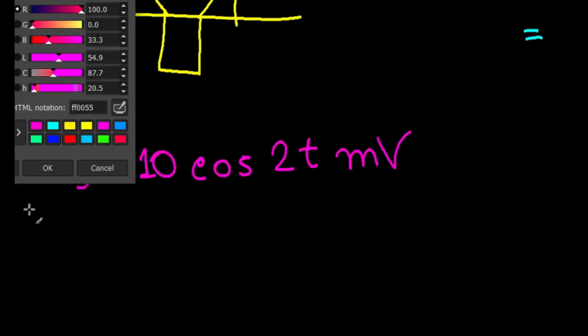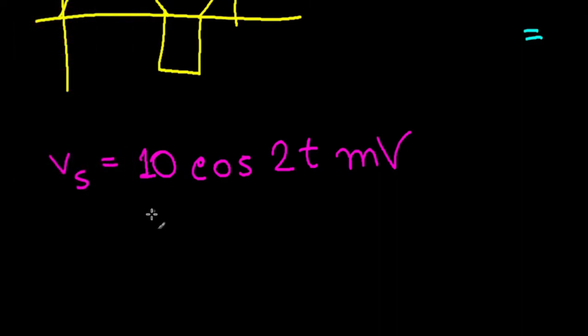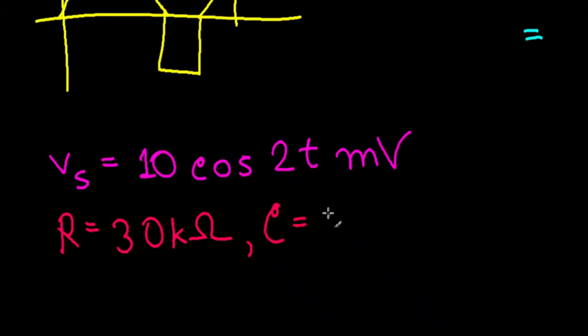Actually, it is written as 3 megaohms, but I don't want to do that. Let's see, our resistance is 30 kilohms, and our capacitance is 2 microfarads.